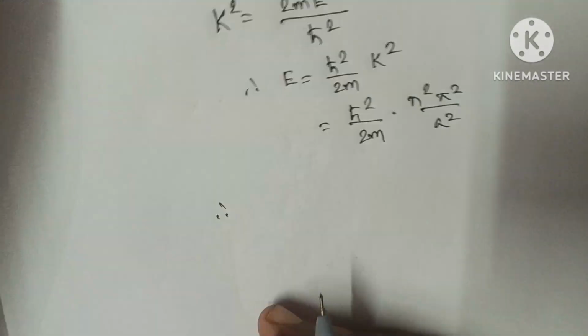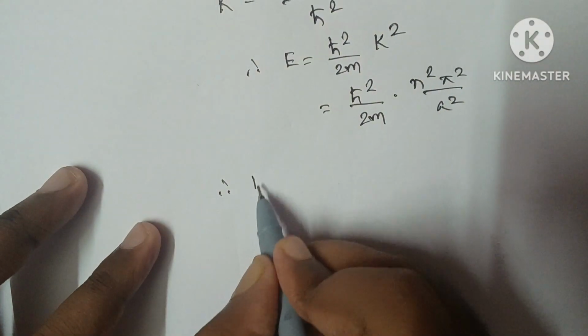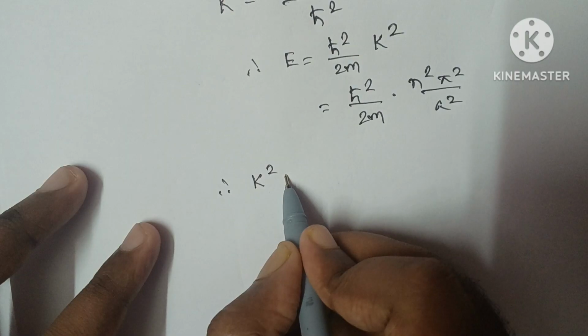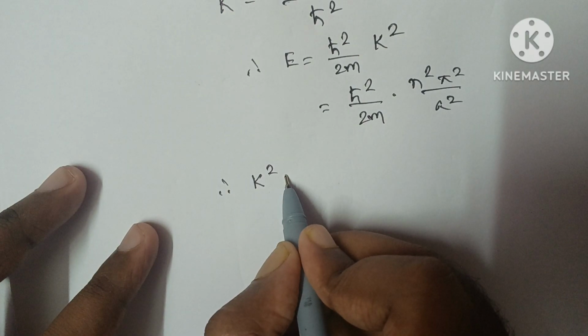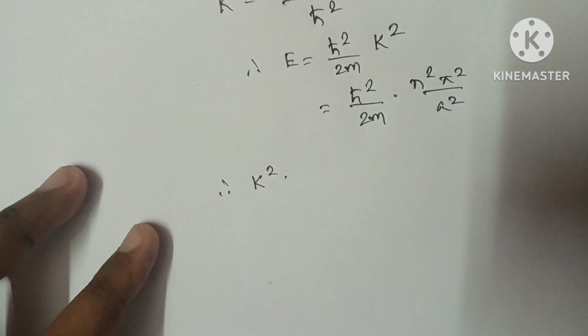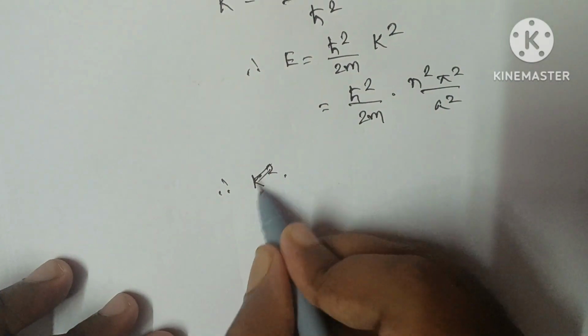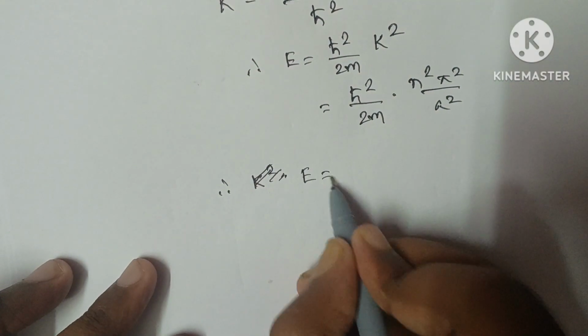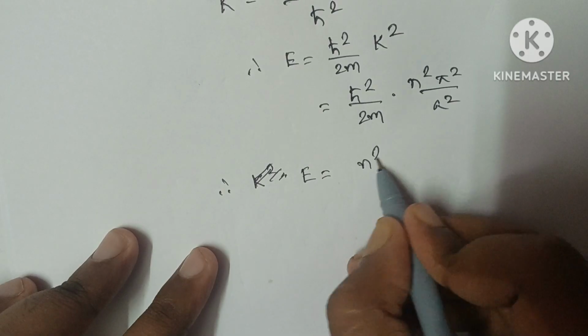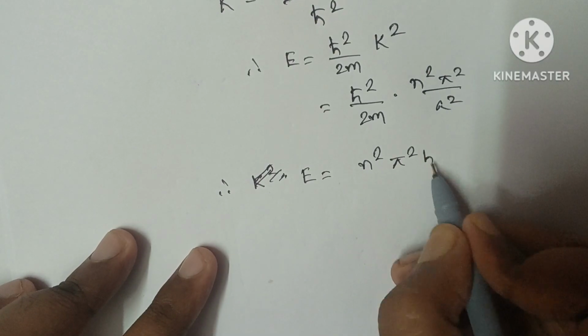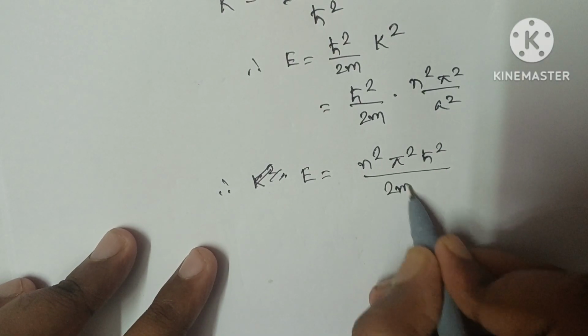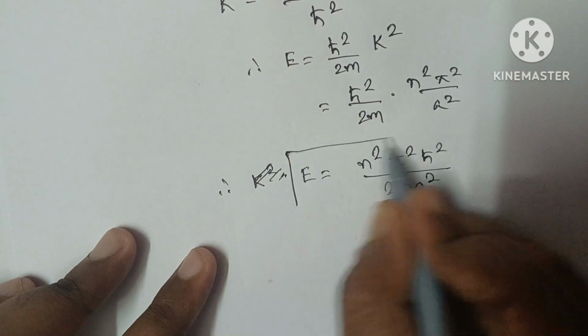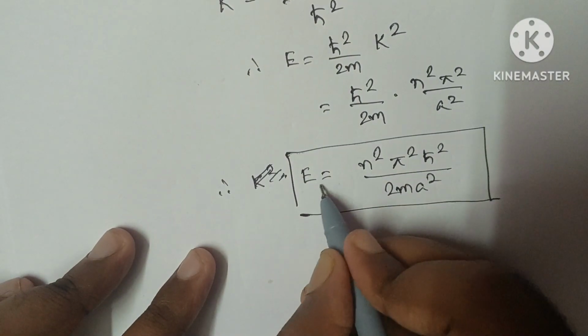Therefore E would be E equals n square pi square h cut square by 2m a square. It is the energy of the nth state.